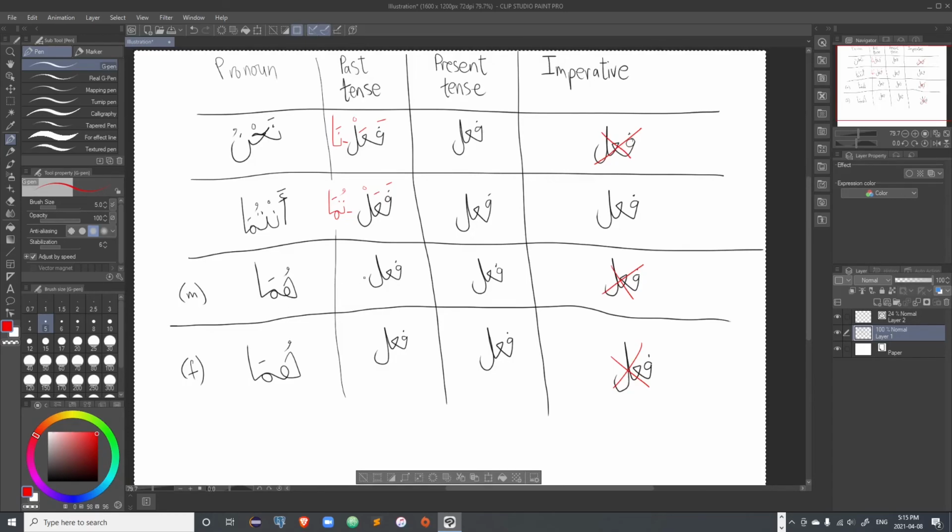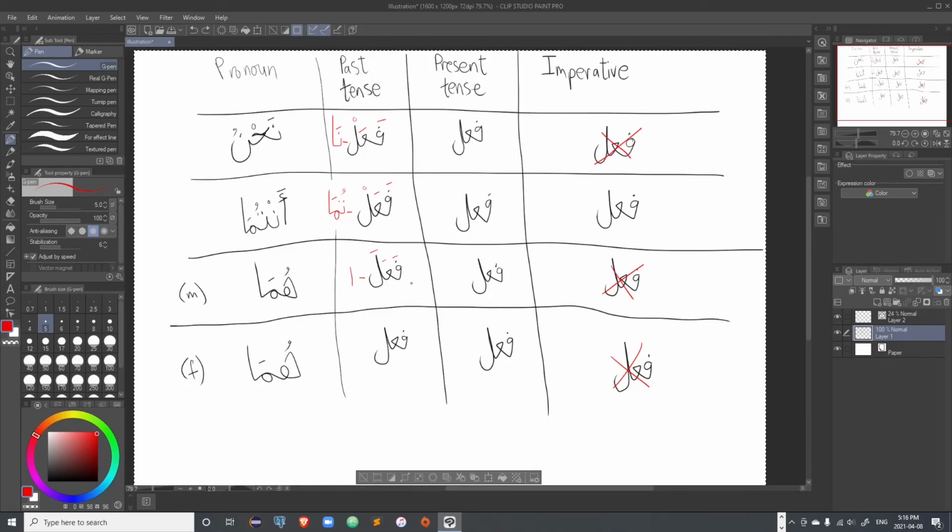For هما, you will simply add ألف. فعلا. And remember, an ألف vowel or ألف مد written after a lam is written like so. Some people slant the lam. It is up to you how you wish to do it. I prefer to do a right angle and then from the corner a diagonal line as so. So this alif will be added like so.